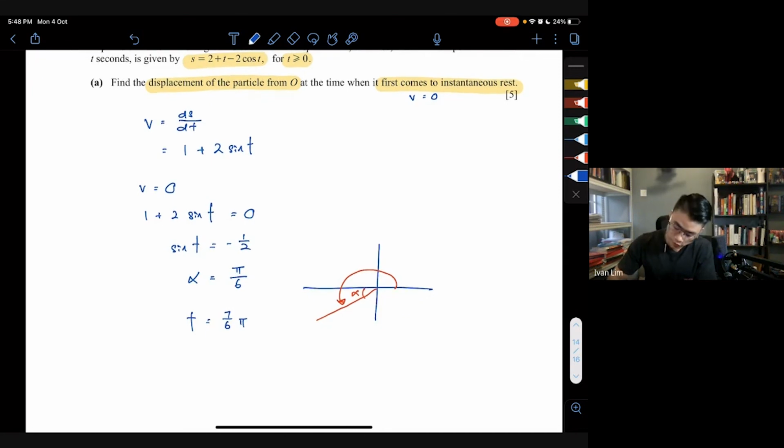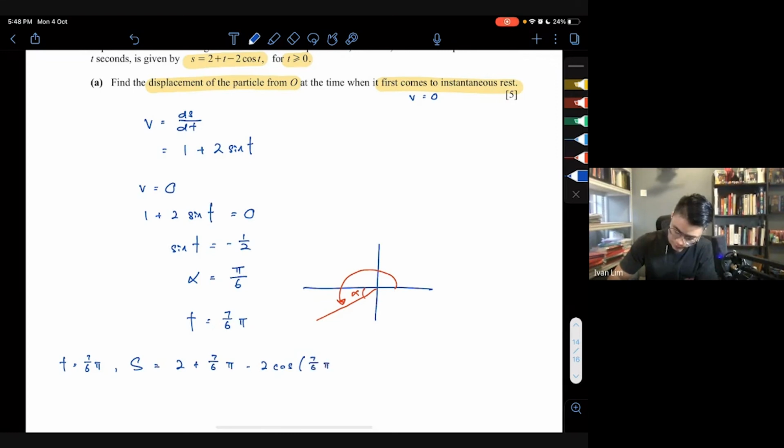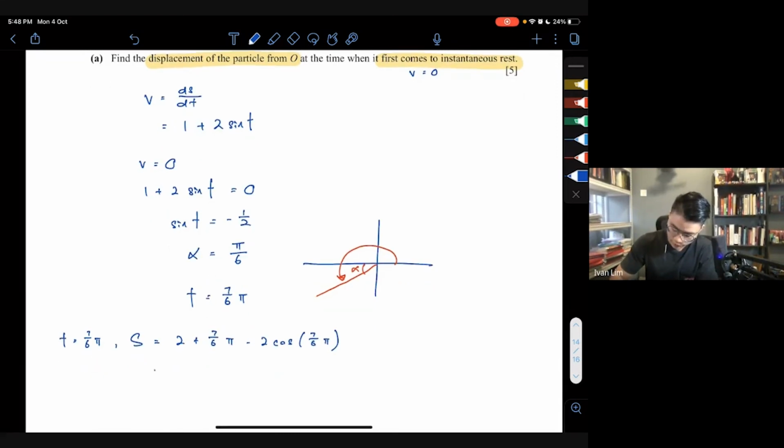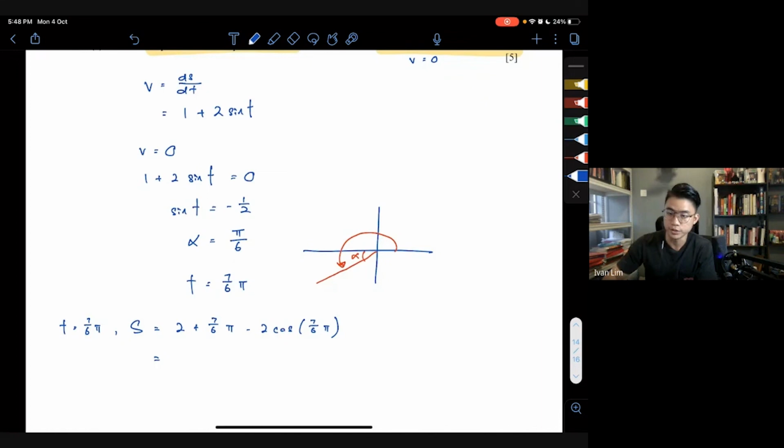Okay, so we just sub t. When t equals 7 over 6 pi, s will be 2 plus 7 over 6 pi minus 2 cos 7 over 6 pi. Make sure if you type in the calculator, this is in radian mode.